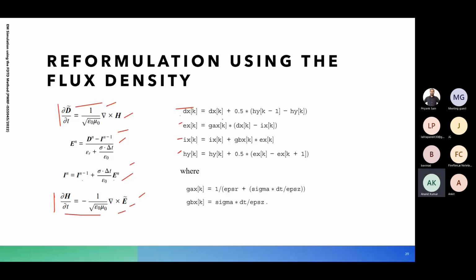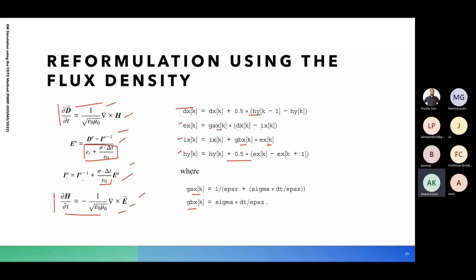So these are the 1D equations over here, and the E field is calculated using this, all replaced by a variable GAX. So GAX over here, and D value and I value. And I is calculated from the previous I value, and this is replaced by GBX, so GBX over here and the electric field value.